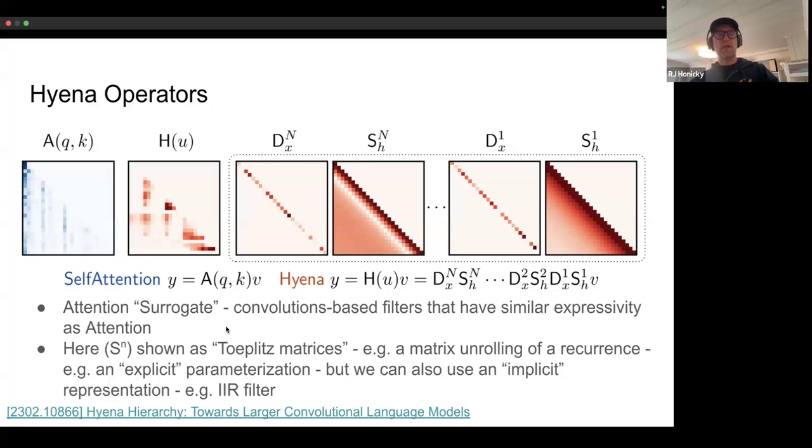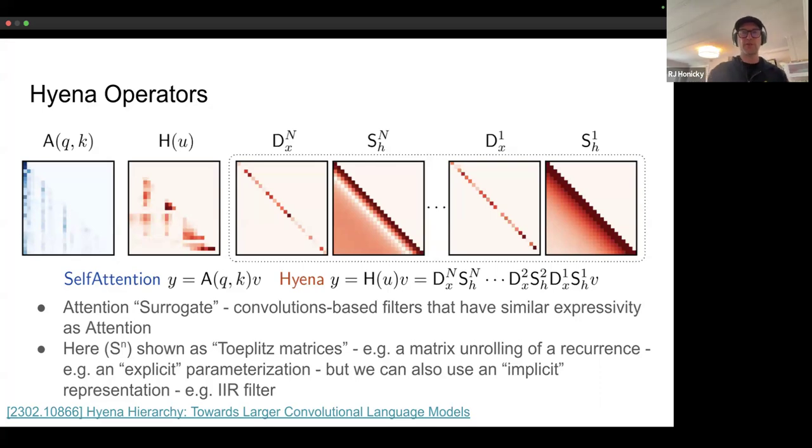So basically, they developed what they call a Hyena operator. I don't know the origin of the name, but it was originally a surrogate for attention, right? The research question was basically, how can we replace attention with something based on convolutions, which is similar to state space models you've probably heard of.